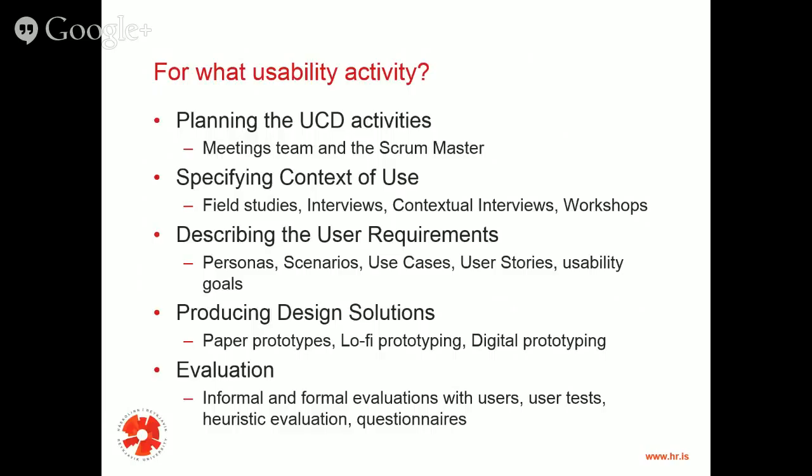When they were specifying the context of use, they were using field studies, interviews, contextual interviews and workshops. When they were describing the requirements, they used these methods you can see there: persona scenarios, use cases, user stories, and usability goals. Then for producing the design solutions, you could use prototypes, and for evaluation, you have these methods there.